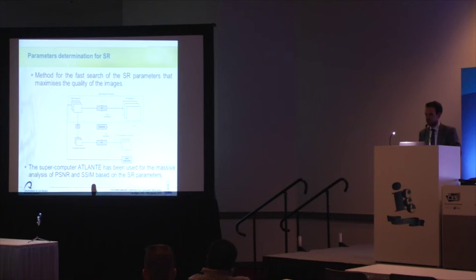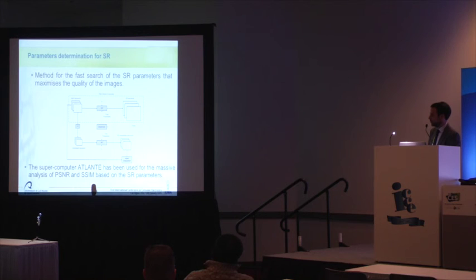So what we did was use a supercomputer that we have at the university. It's called Atlante. We analyzed a massive quantity of sequences with different parameters, and we checked the PSNR and SSIM values based on the parameters.